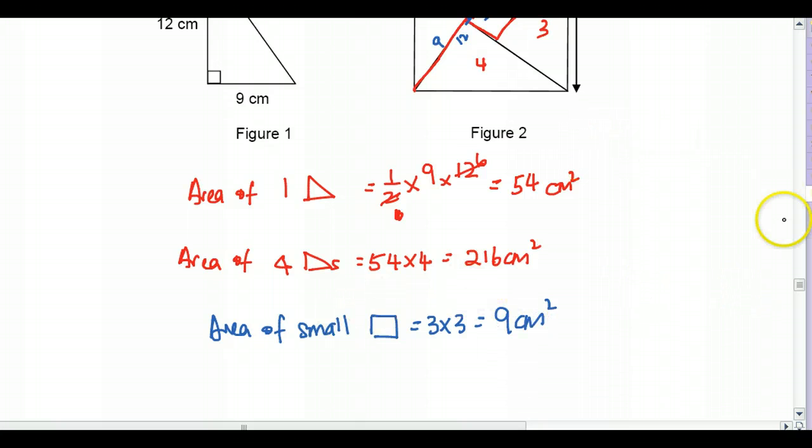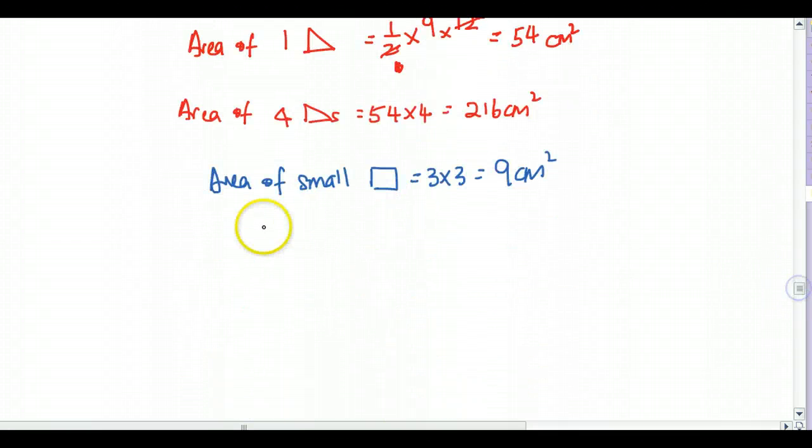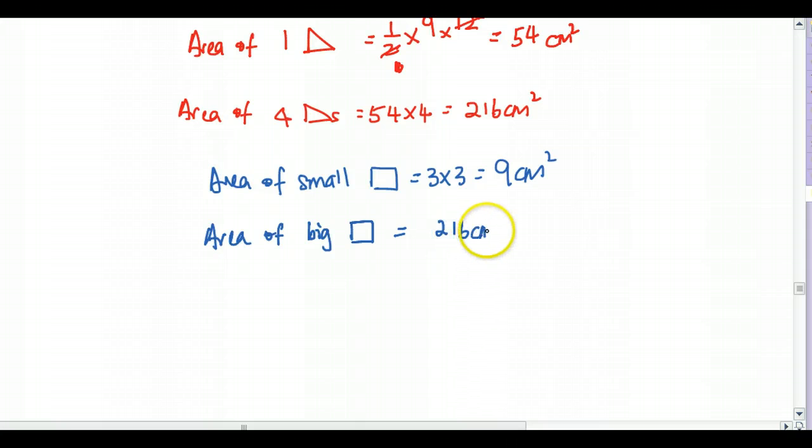So I want to find the area. Now I can find the area of the whole square, the big square. So area of big square, 216 plus 9 cm square, which is 225 cm square. How to find the length of one side?